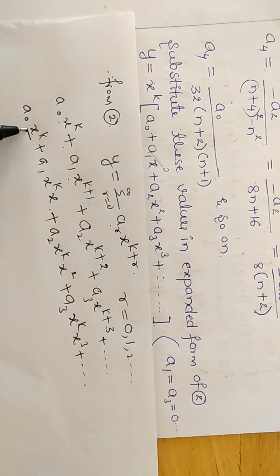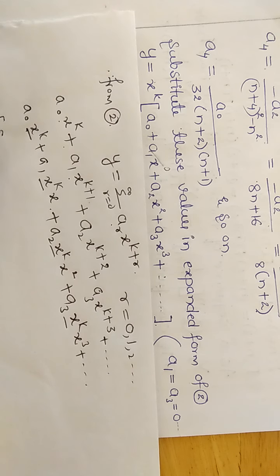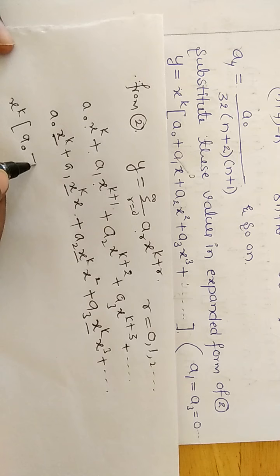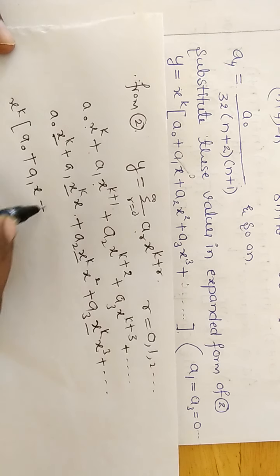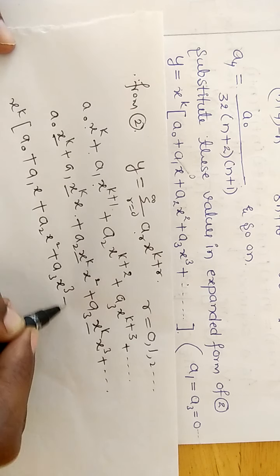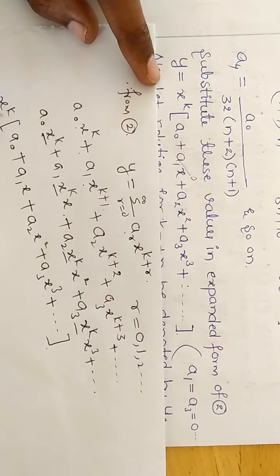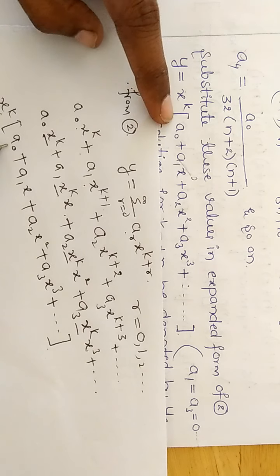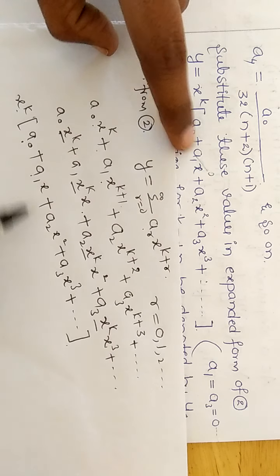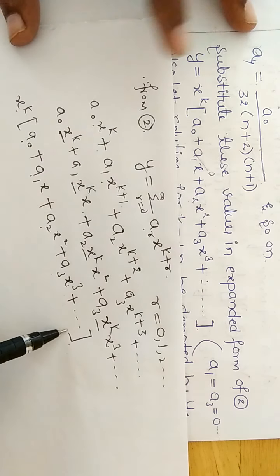So x raised to k is common among all, so take it out. Remaining terms are a naught plus a1 into x plus a2 into x square plus a3 into x cube plus and so on. This is the result: x to the power k, a naught plus a1x plus a2x square plus a3x cube plus and so on.